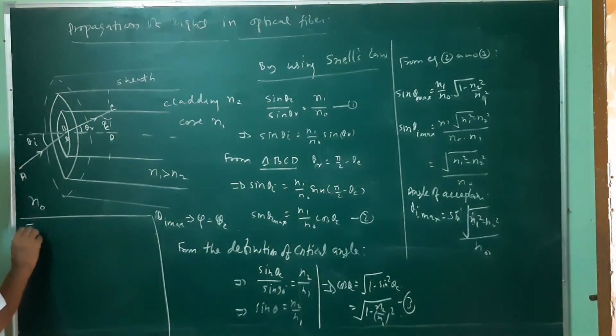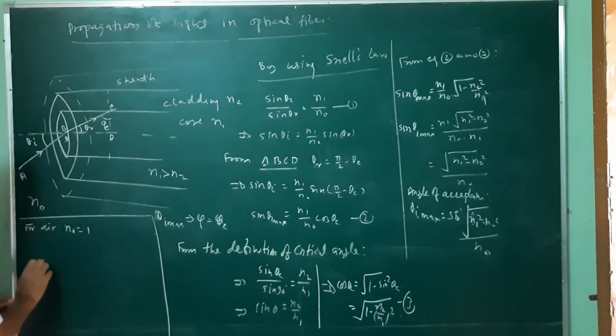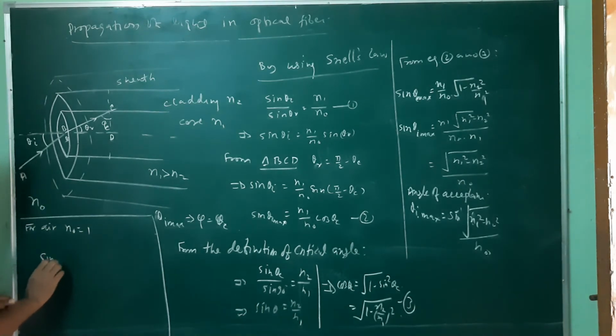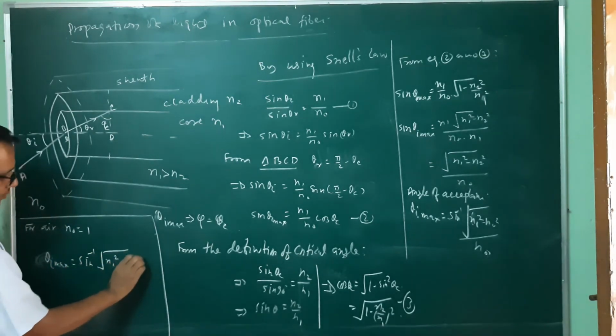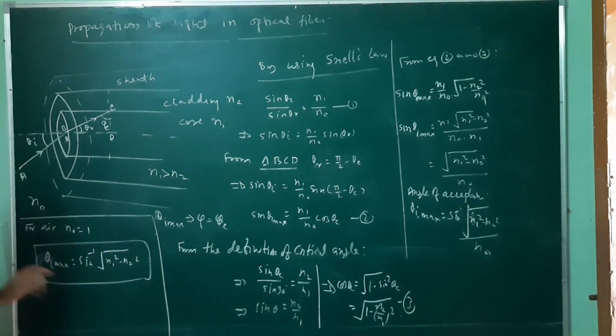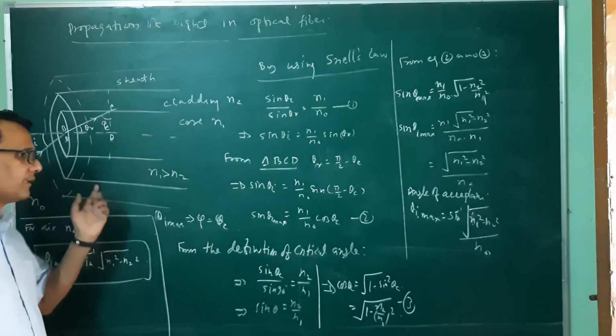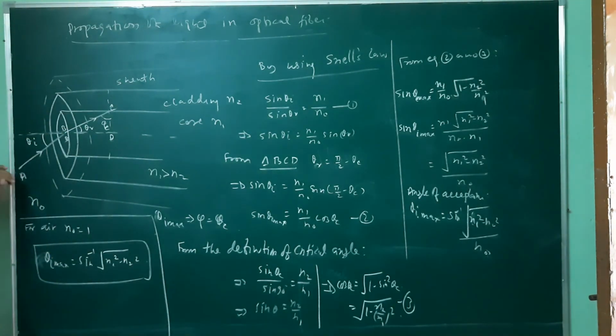So theta I maximum is equivalent to sine inverse root of N1 square minus N2 square. So this is the derivation, and this is the angle of acceptance, and beyond this angle the signal cannot be accepted by this optical fiber.